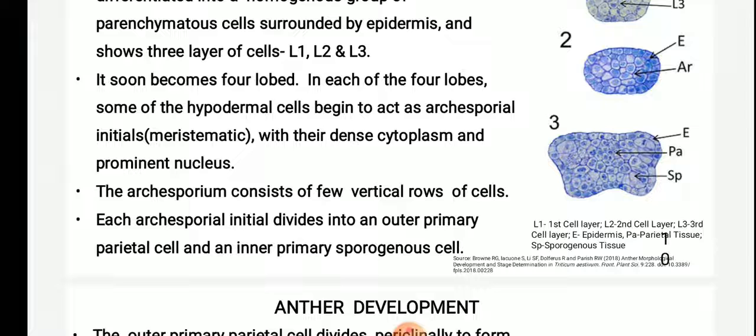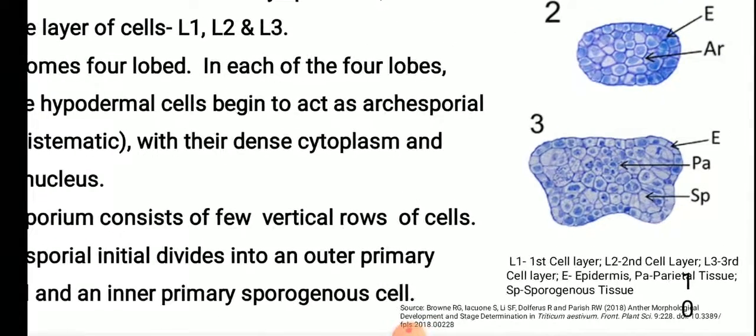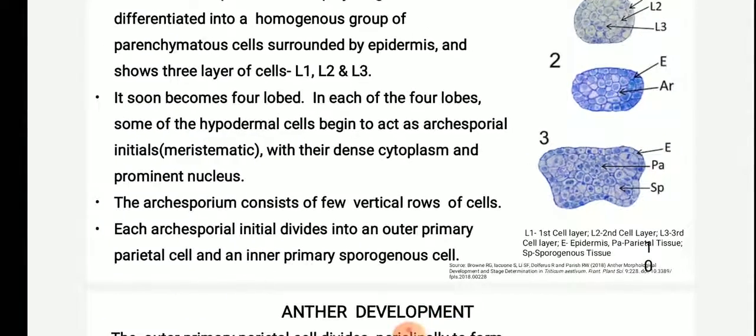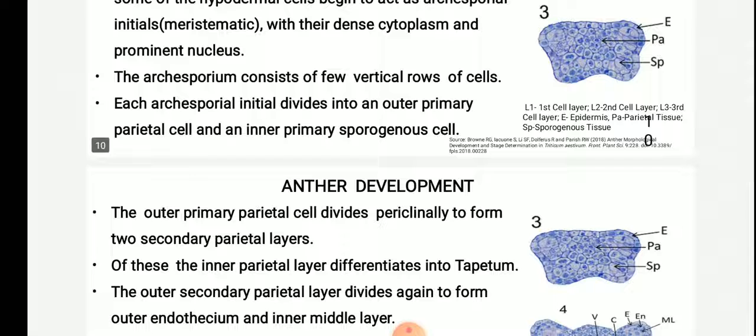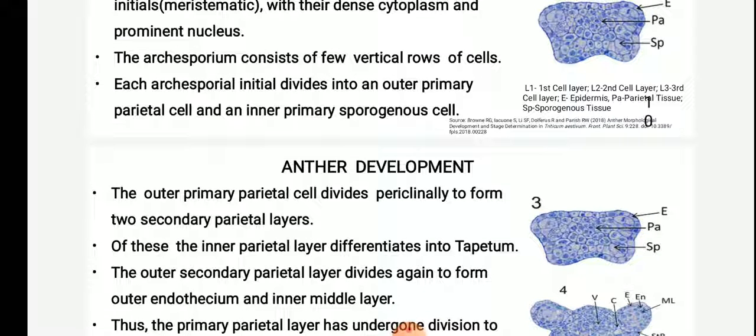When the anther is forming, it is a homogeneous mass of cells and slowly differentiates into outer epidermal cells and inner cells. In the inner cells at the hypodermal region, the archesporial cells differentiate, and these are meristematic and start dividing. Each archesporial initial divides to form an outer primary parietal cell and an inner primary sporogenous cell.